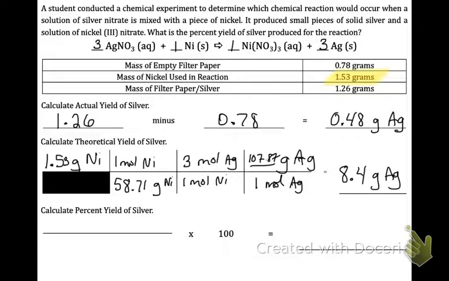That's my theoretical yield of silver. The reality is I only created 0.48 grams. So 0.48 divided by 8.43 times 100. And that was only a 5.7% yield.